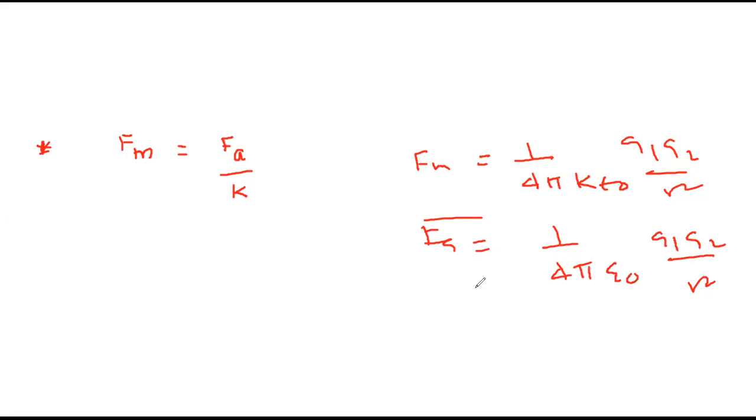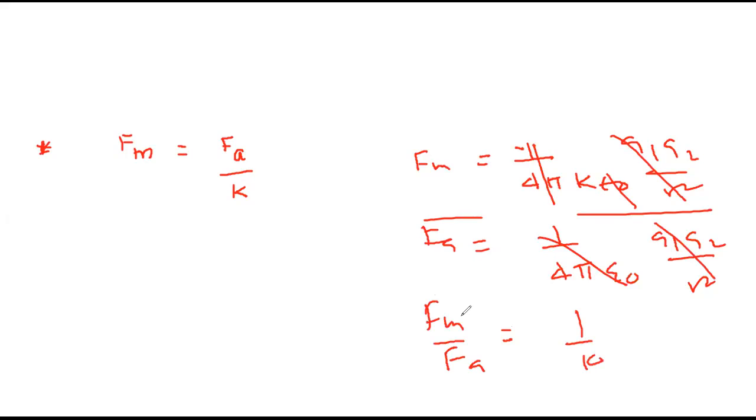When you divide these, 1 upon 4 pi epsilon cancels. Fm upon Fa is 1 by K. So force between two charges in a medium is Fa upon K. Write this point also.